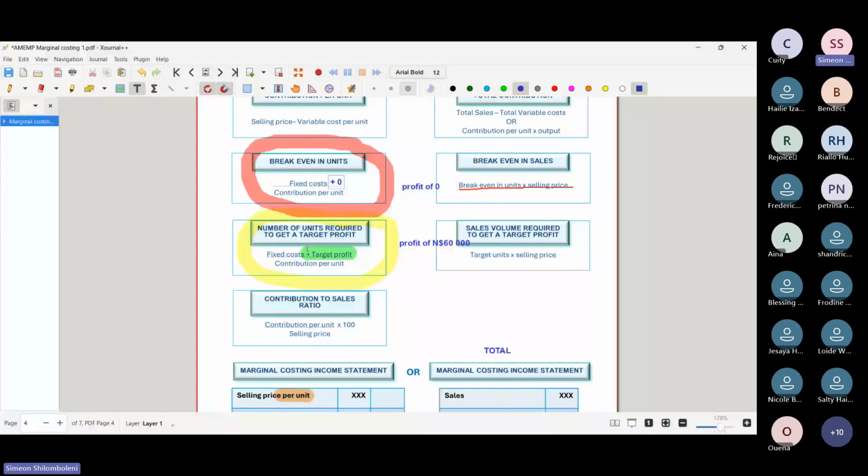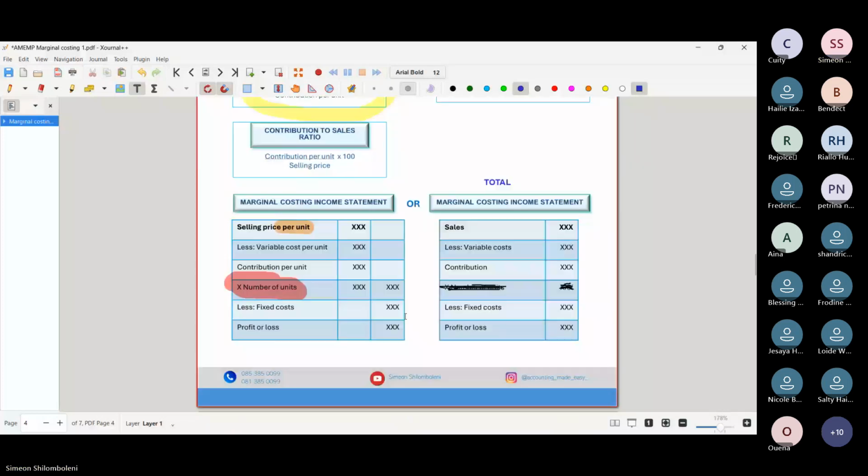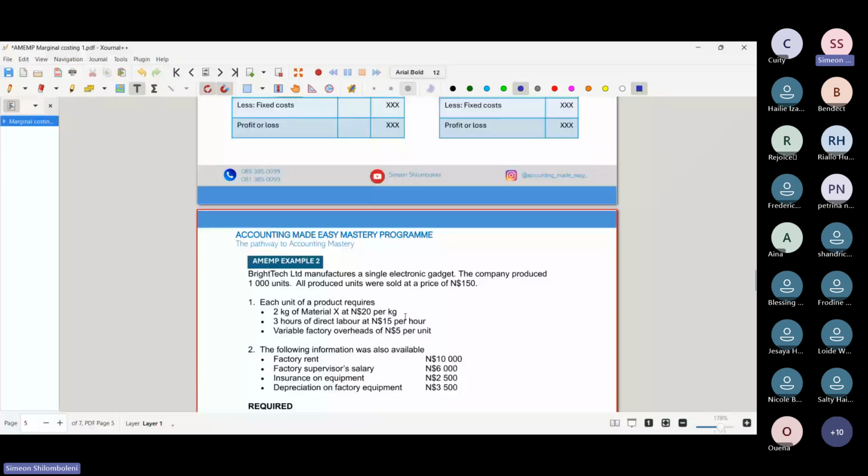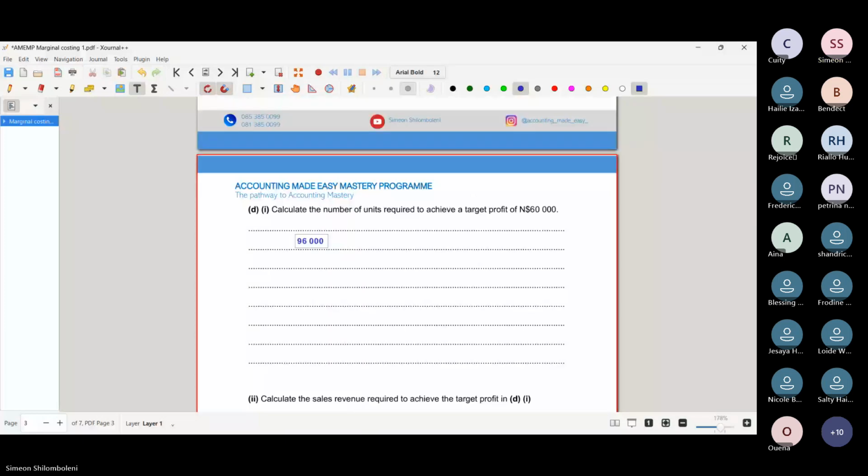So we already did this, so this should be easier to do now. It will not take us much time. Where is the question? Our fixed cost is 96,000 plus the target profit. If we want to find out how much is 0, we plus 0. Then profit of 0 is break even.